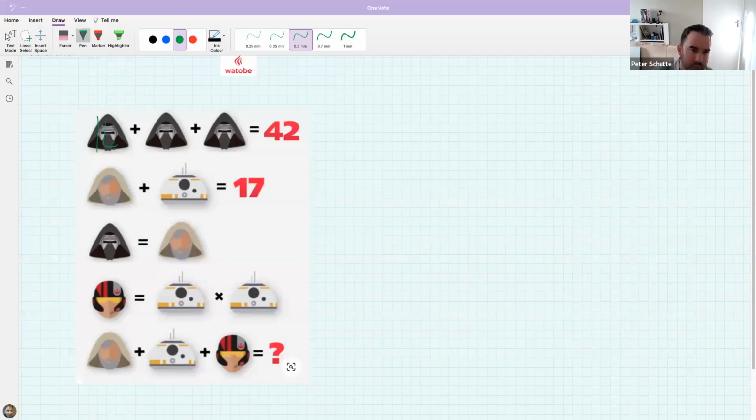Yep, this has to be 14. It's the only way that can make sense. And then I think this has to be equal to 14. So how much is a real robot going to be?